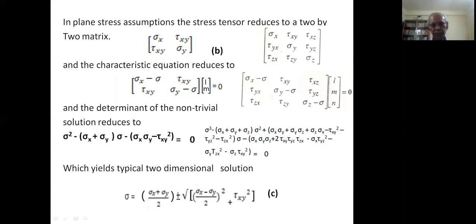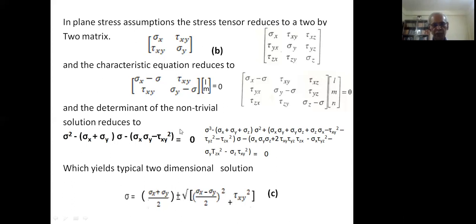But if we again let the stresses in the z direction be 0, then this characteristic equation reduces to this form on the left-hand side: sigma x minus sigma, tau xy, and then tau xy, sigma y minus sigma, and then another column matrix of l, m, which is equal to 0. n is not there because it's only 2 dimensional.